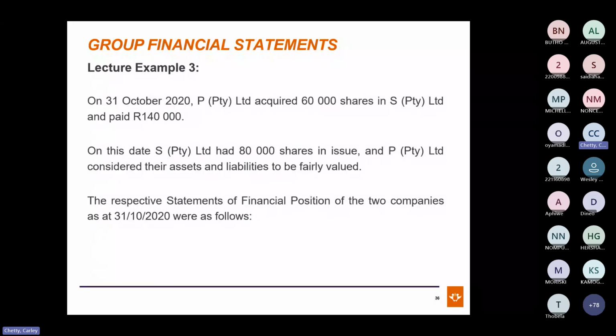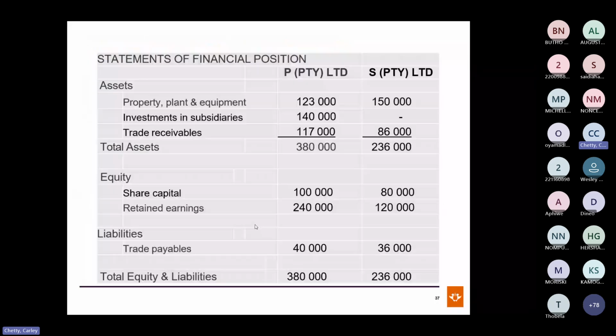The respective statements of financial position of the two companies as at 31 October 2020 were as follows. So here we have the statement of financial position for P Pty Limited and the statement of financial position for S Pty Limited.